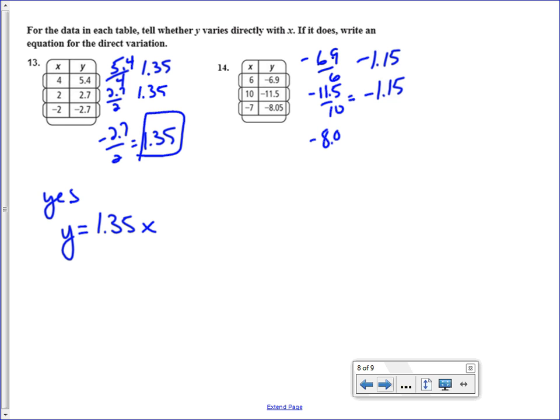And negative 8.05 divided by negative 7 is going to give you a positive 1.15. So is this direct variation? No. It would have been if this number down here would have been a negative. Okay? So hopefully that takes care of everything.